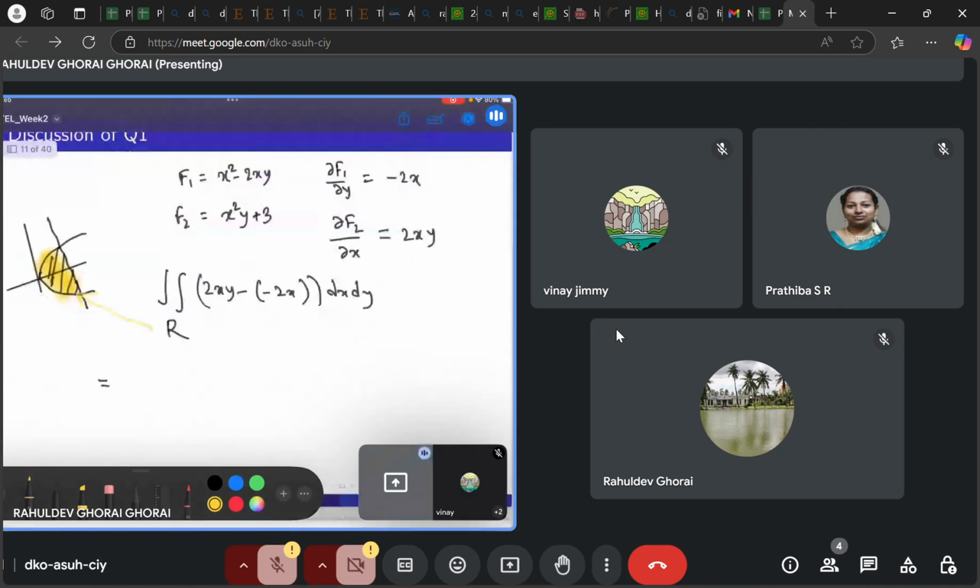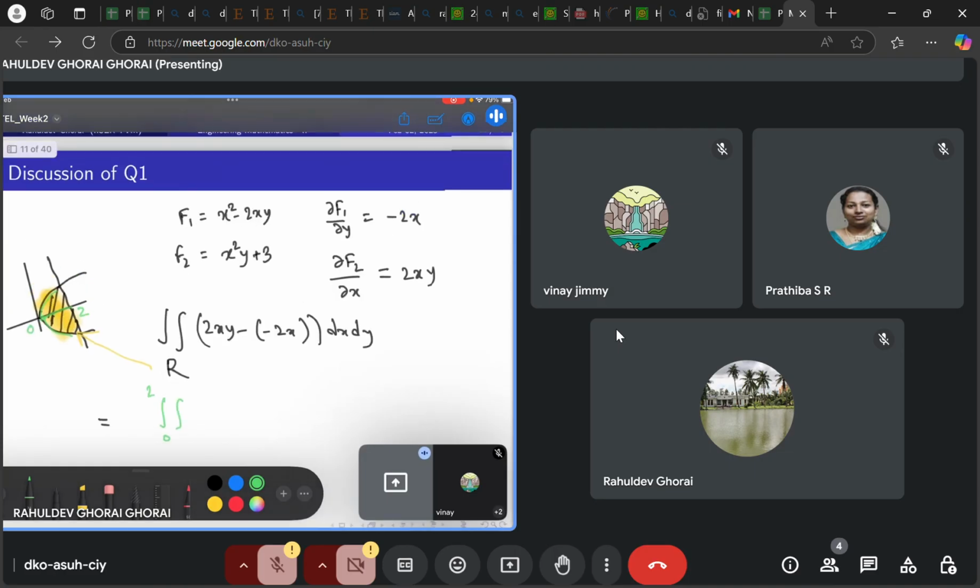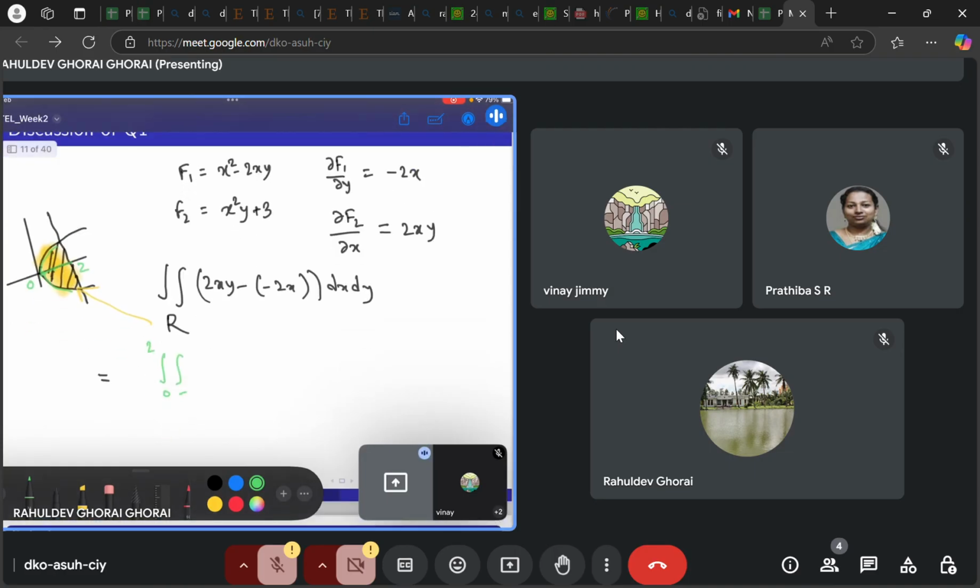So R can be written as: x will vary from 0 to 2, and y from minus square root of 8x to plus square root of 8x, of 2xy plus 2x dx dy.